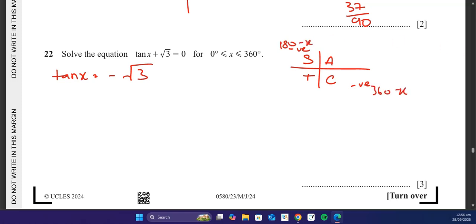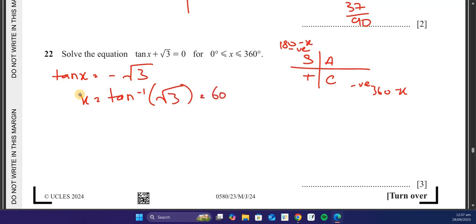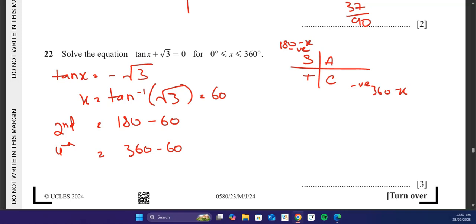So x is equal to tan inverse of root 3, which is 60. For the second quadrant we say 180 minus 60, and for the fourth we say 360 minus 60, and that should give us 120 degrees and 300 degrees, and these are the final answers.